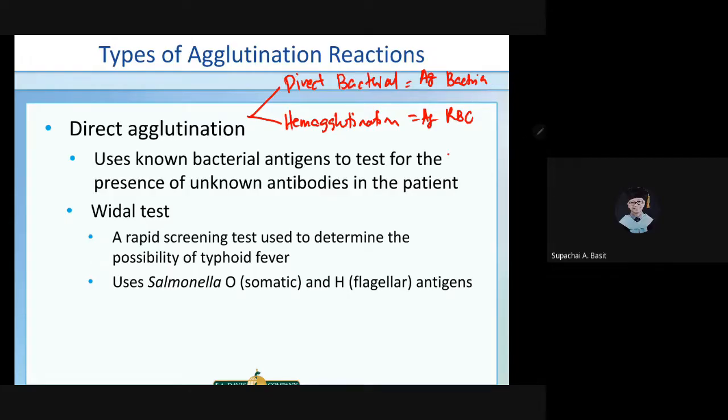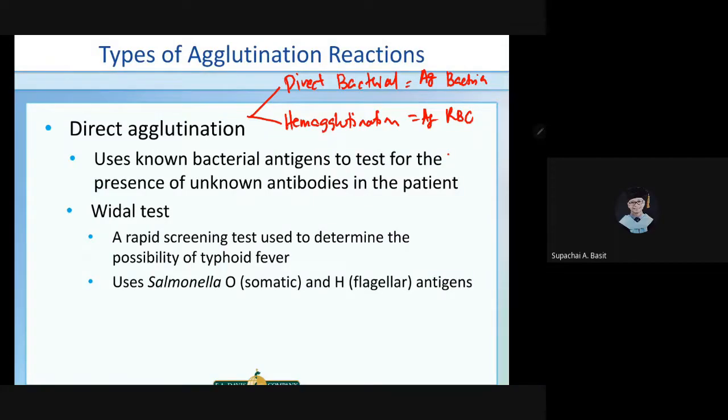Okay, so let's talk about first the direct bacterial agglutination. It uses known bacterial antigen to test for the presence of unknown antibodies in the patient. So perhaps one of the most common examples is the Widal test, though Widal test is already passé, but it is actually still being done as a rapid screening test used to determine the possibility of having typhoid fever.